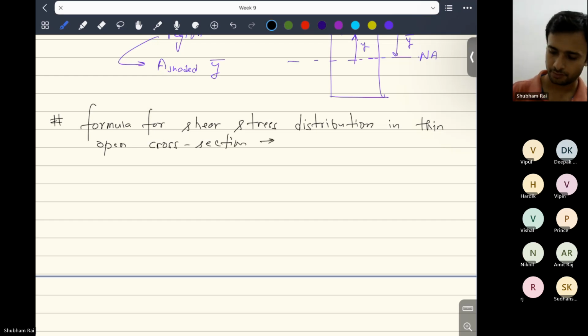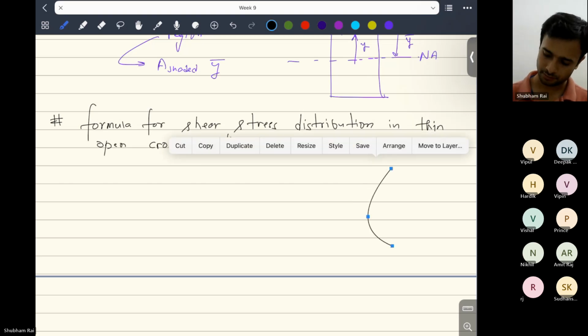Firstly, let me draw the diagram of a thin open cross section. Let's say you have a cross section like this.